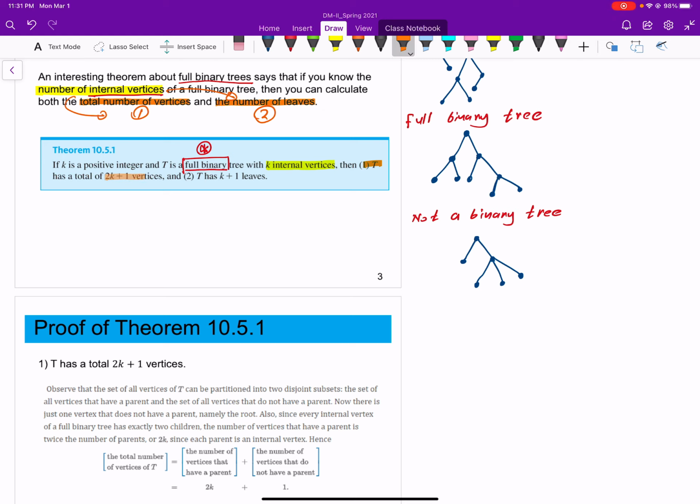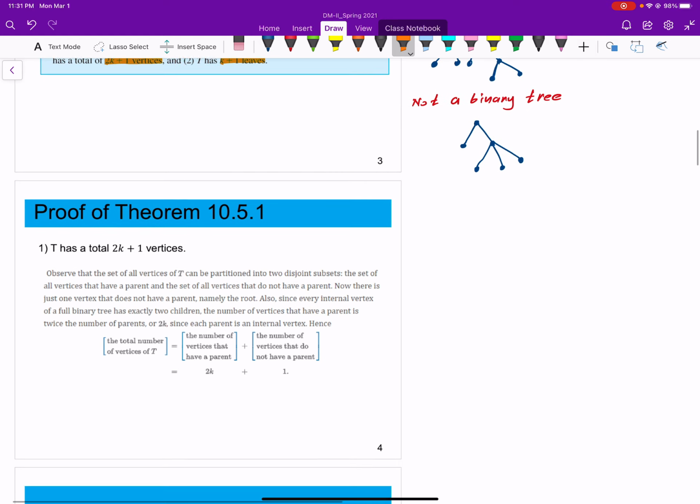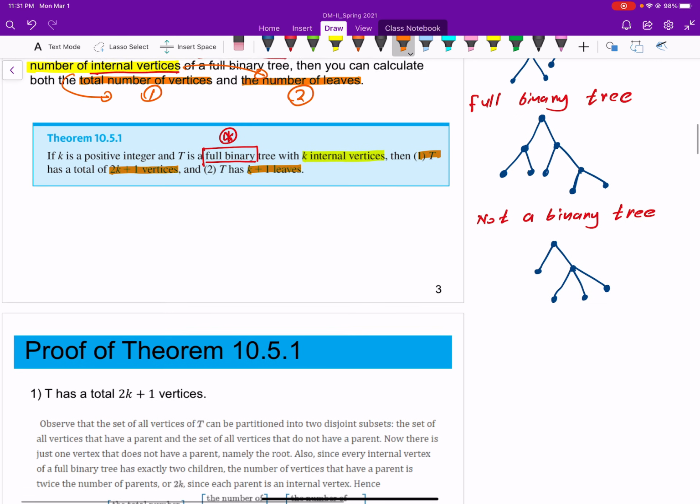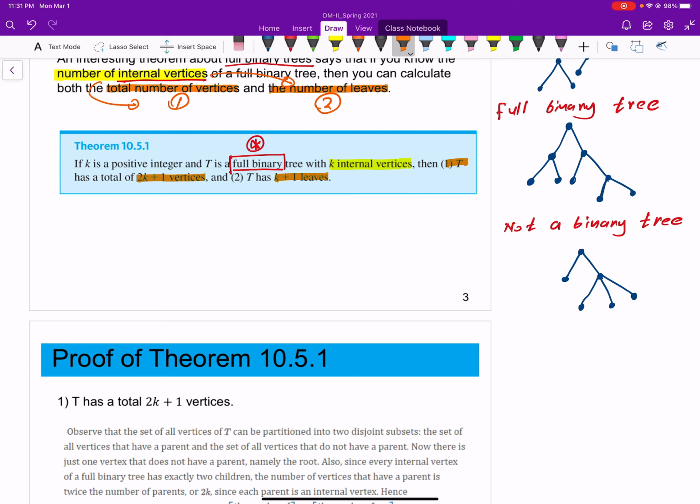In the next slide, we are going to prove this theorem. Before proving that, let me explain one example here.